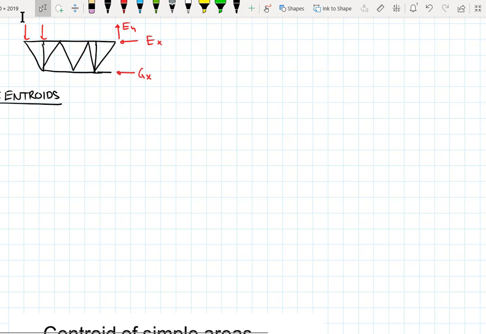And so this idea of a centroid is sort of like the, I'm going to say center of mass, but I'm going to put mass in quotation marks because we're going to talk about a planar cross-section.